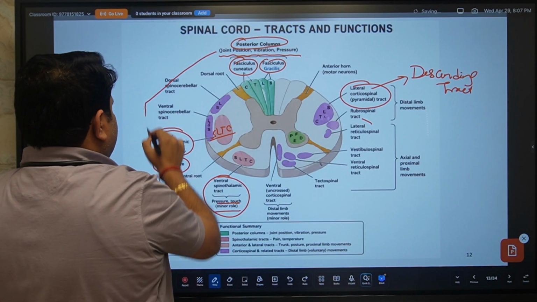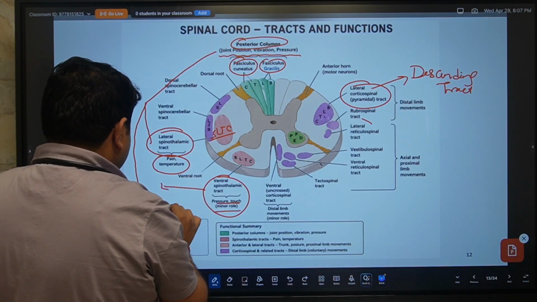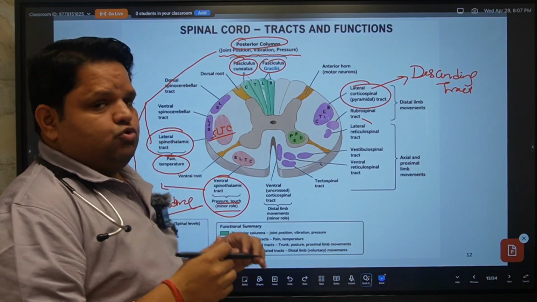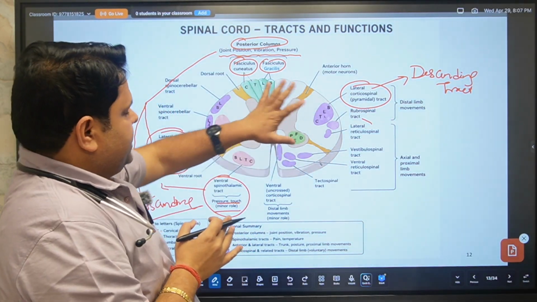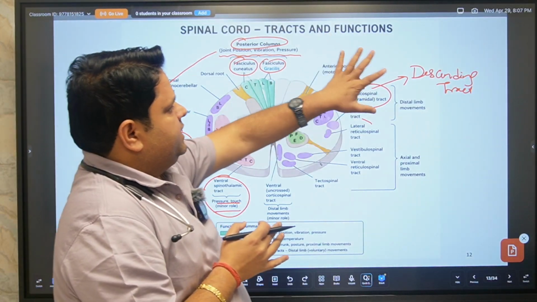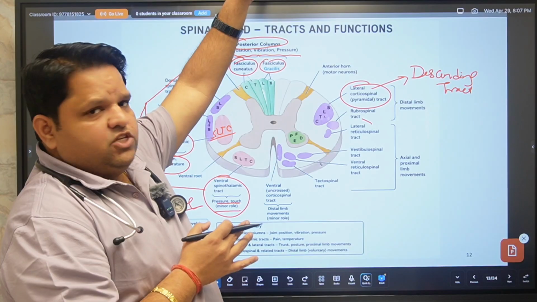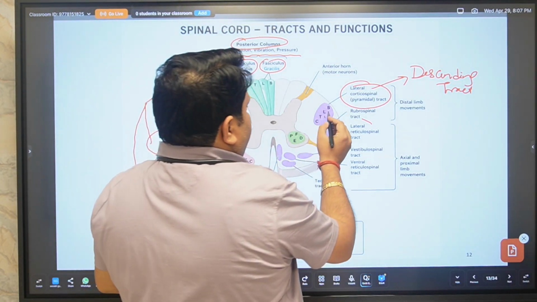And posterior column and lateral spinothalamic, these are the ascending tracts. So from the paraparesis point of view, there are 3 tracts which should be kept in mind: lateral corticospinal tract or pyramidal tract. These are the descending tracts, arising from the cortex and going down to the spinal cord.